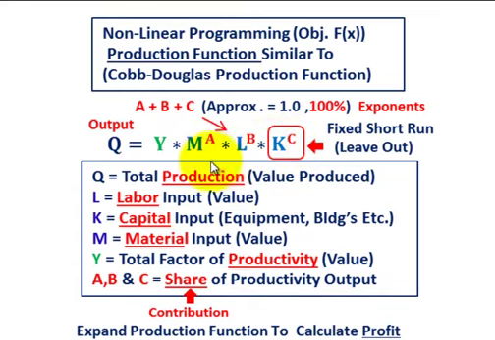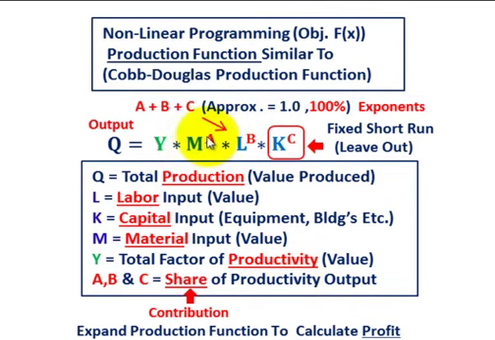But the other thing is these exponents. This is the key to this whole production function. So I've got A plus B plus C. Really what that is, and we'll get into it in our example, is the share of the productivity of output by each one of our factors.